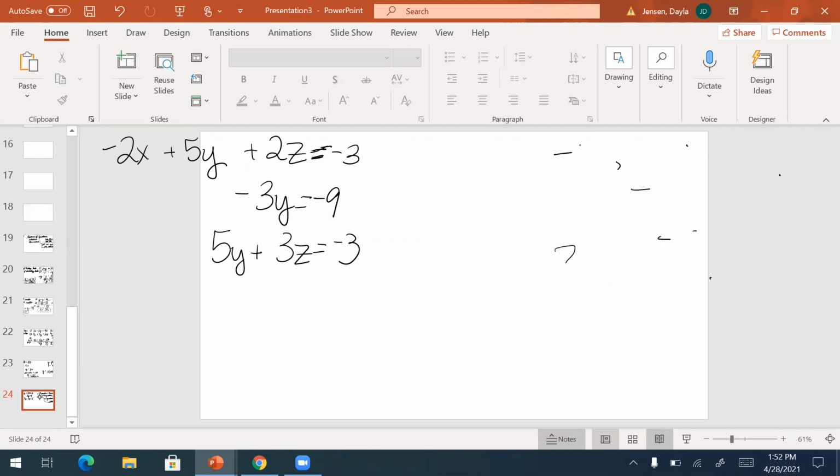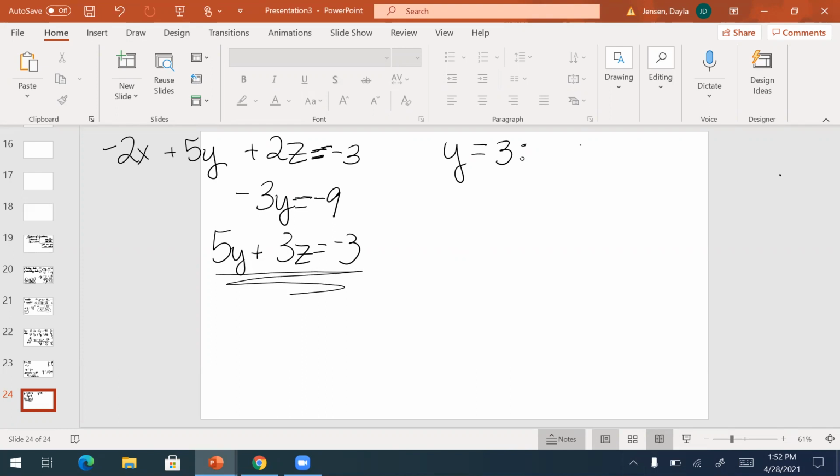Now I look at that second equation and it's already got just 1 variable. So I'm going to use it and divide both sides by -3. So y equals 3. So that's helpful because now I know what y is. So now I can put y equal to 3 back into this equation, which will help me find out what z is.